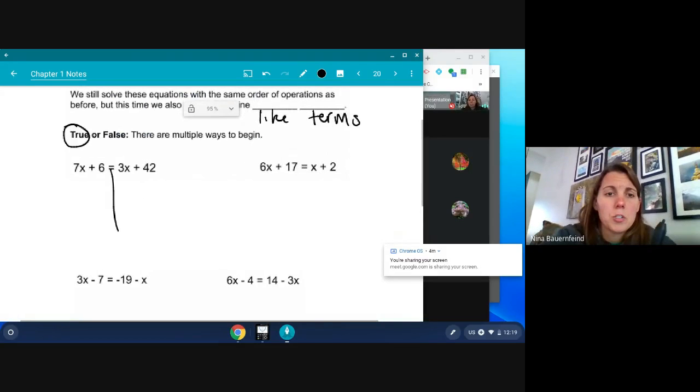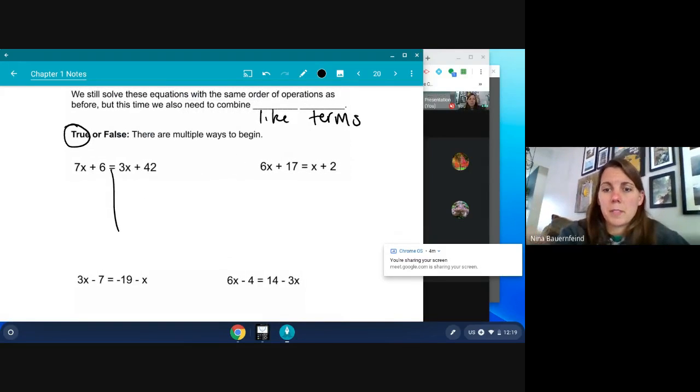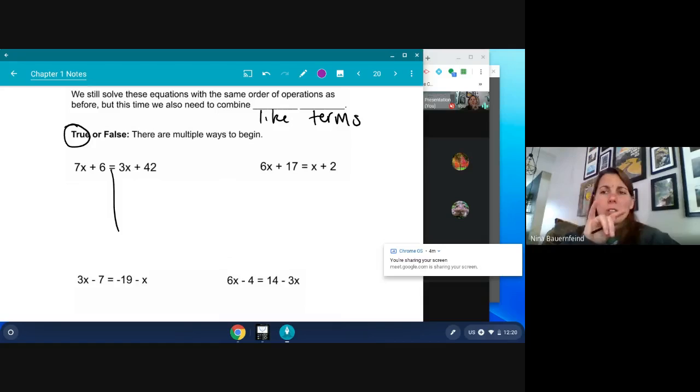Zoom in a little bit. Can you guys see this all right? Yeah. Cool. Thank you. All right. So I don't like the fact that there are two x's, so I usually move one.